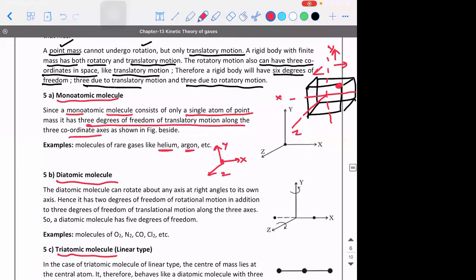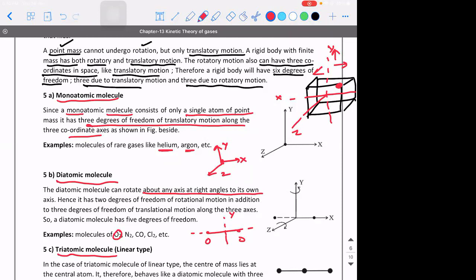So when you talk about a diatomic molecule, diatomic molecule means O2, oxygen, right? It can rotate about any axis at right angles to its own axis. So this is the axis of the molecule. So it can revolve about y axis or z axis. So with respect to rotational motion, how many degrees of freedom does it have?